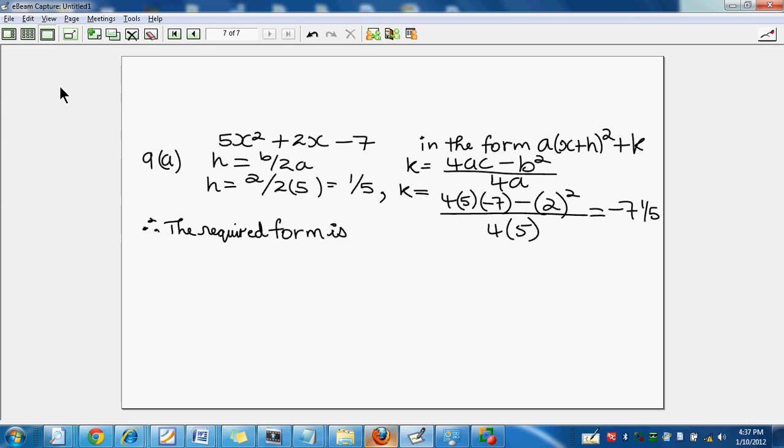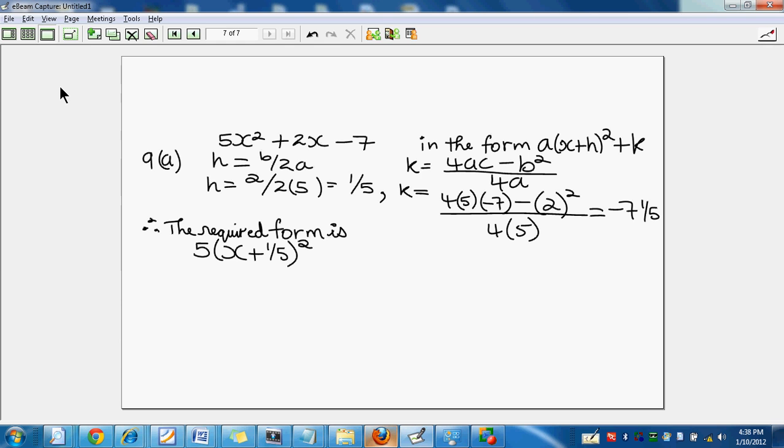and you can put what the required form is, because the required form is A into X plus H squared plus K. So A in this case is 5, so you'll put 5, open brackets, X plus H. What is H? H is 1/5. So it'll be plus 1/5 all squared plus K. Now plus K is plus minus 7 and 1/5.